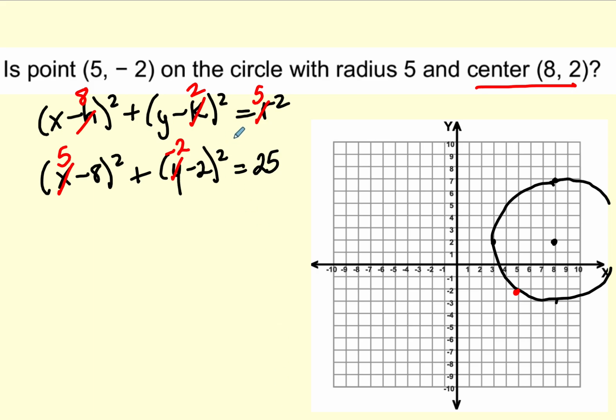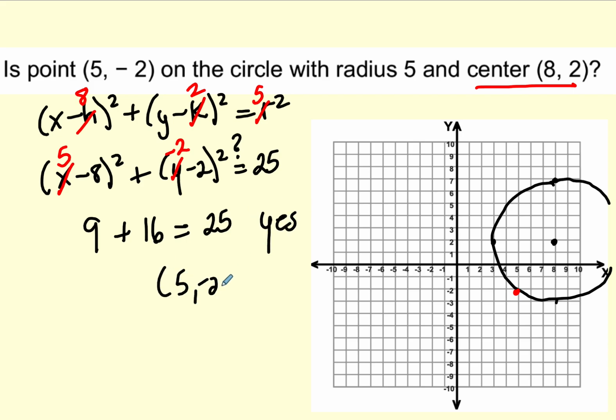And the question is, is that going to tell the truth? So this is going to be -3. -3 squared is 9. And this is -4. -4 squared is 16. And sure enough, this is true. Yes, 5, -2 is on the circle.